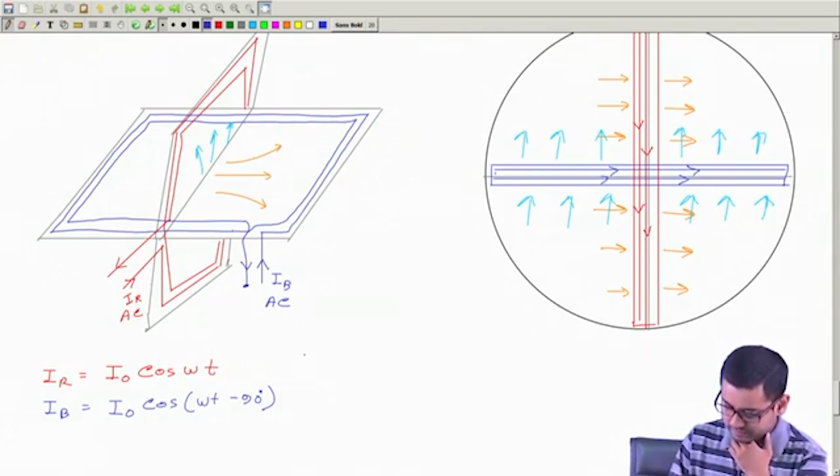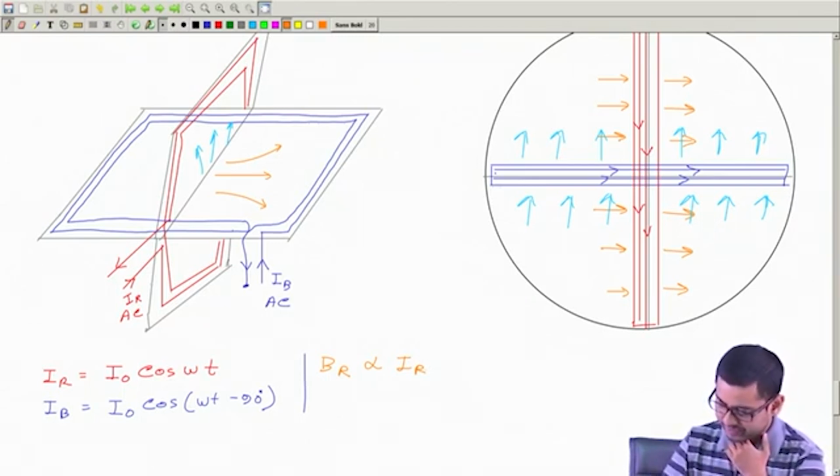If so, then these two flux we can also write them as, say, this red flux BR. Okay, this will be proportional to IR, and the number of turns of this coil.